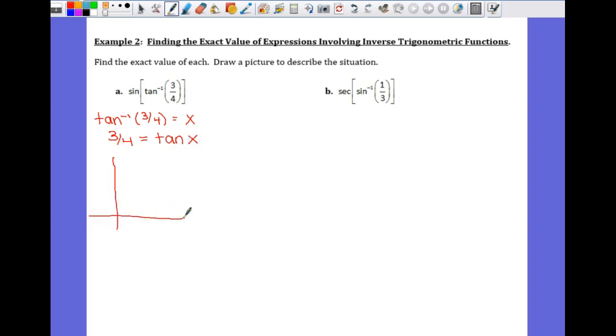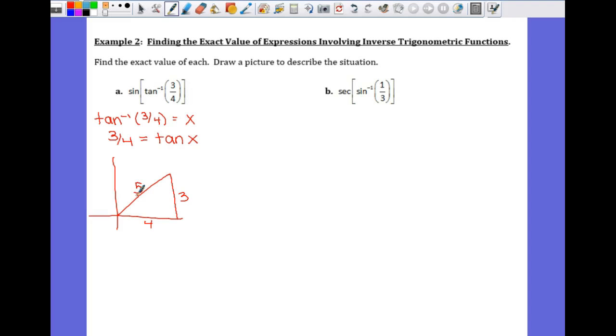We're in quadrant 1 because they're both positive, and it's arc. So 3 is sine, the height. 4 is cosine. You find the hypotenuse using the Pythagorean theorem: 3 squared plus 4 squared is 25, and the square root of 25 is 5.